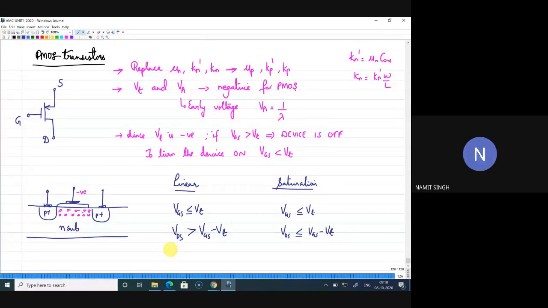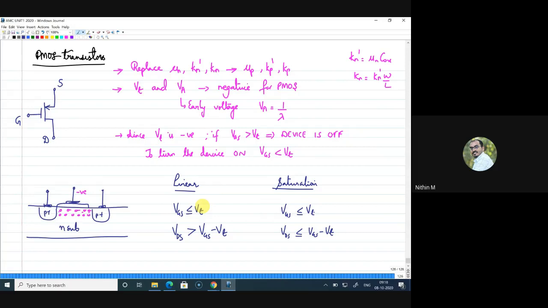Sir, in PMOS, don't we consider VSG instead of VGS? We can do that, even we can consider it that way. For example, I told you that your VGS should be less than or equal to VT, right? But if you consider it as VSG, you can definitely write that.